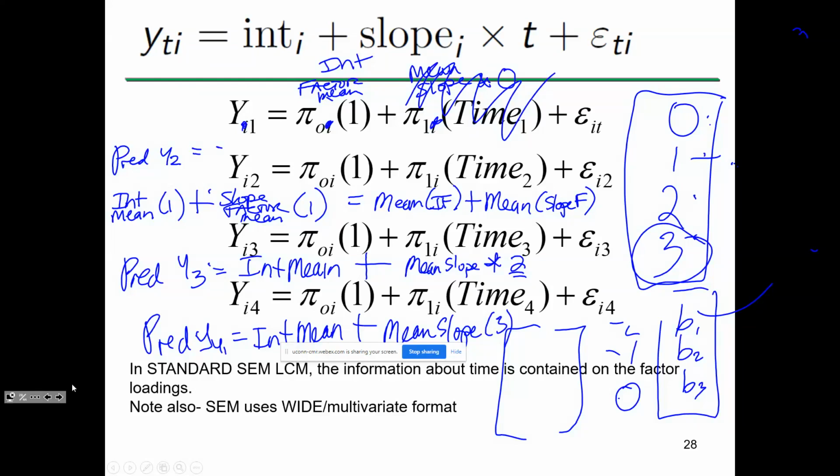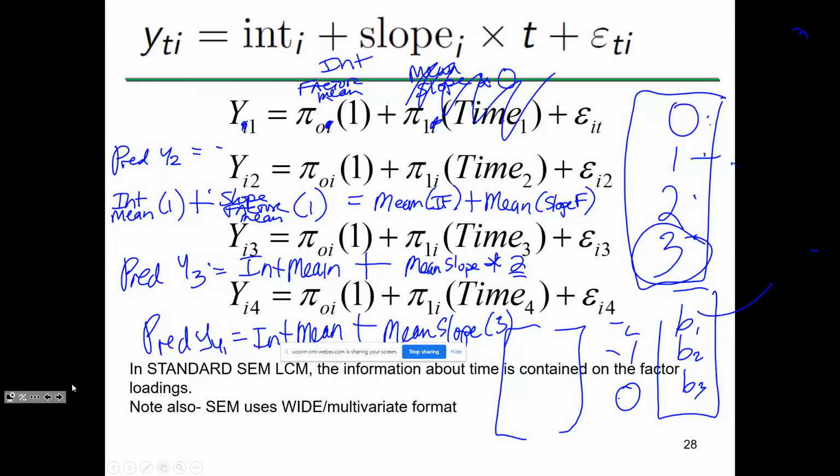And then we don't have the picture up here, but if you look in your handouts, we're always drawing a covariance between the intercept factor and the slope factor. So we're going to estimate one covariance between the intercept and the slope factors, right?